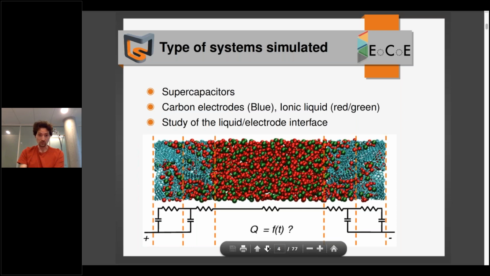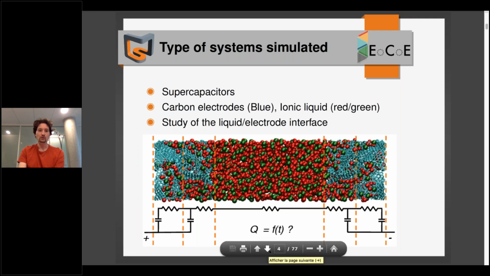The problem with this kind of technological device is that it's very hard to measure what happens at the interface between the liquid and the electrodes. That's why they are studying this with numerical simulation.